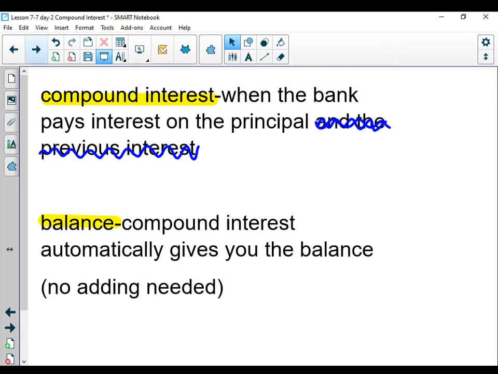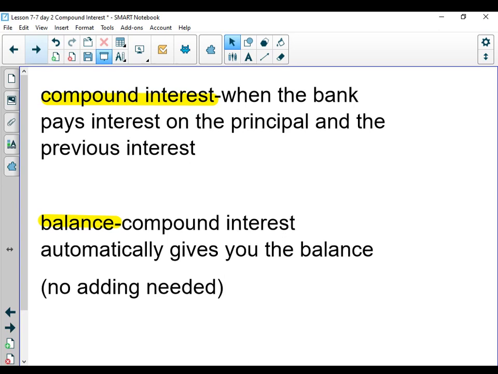Compound interest banks are a tiny bit better because they're going to give you interest on interest. So they're going to give you interest on your money and the money they already gave you. So this helps people out a little bit. Also, something to notice, this balance is going to be built into the equation.